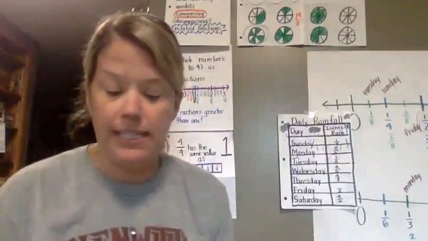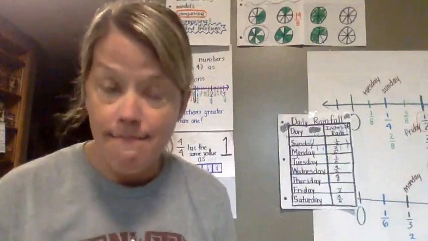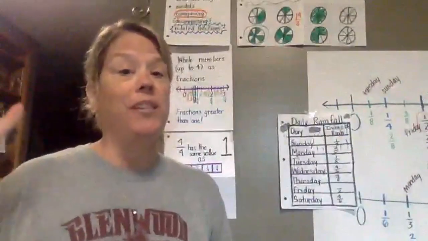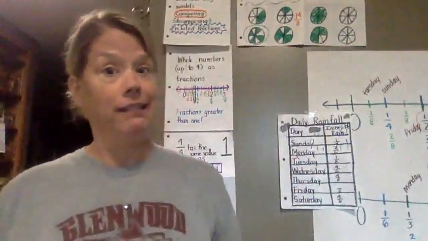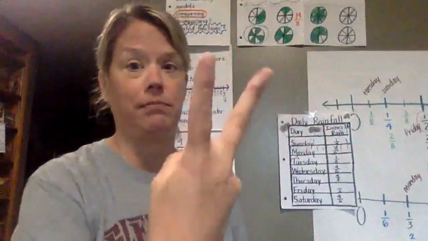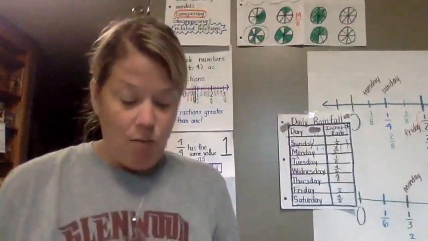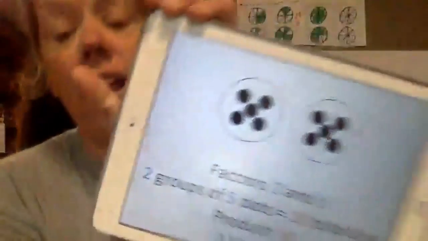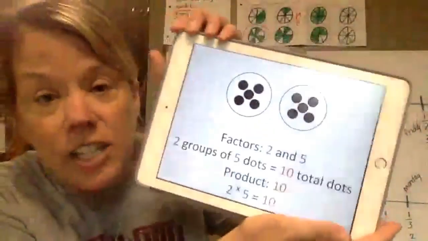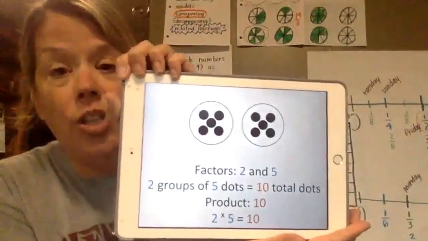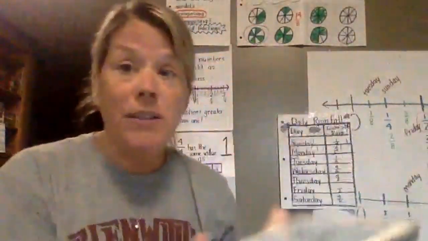All right, Miss Street's going to skip because I know you know the pattern. Two groups of 5. Where's my hand? I don't know. 2 groups of 5. I want you to be sure and remember that when we look at this in the commutative property, we talk about 2 and 5 is 10 and 5 and 2 is 10.